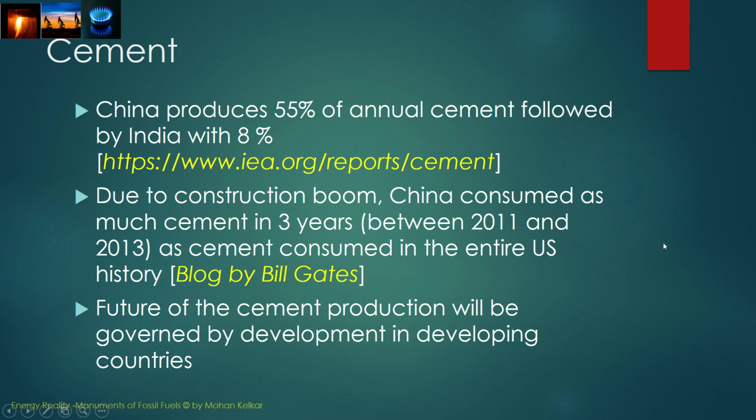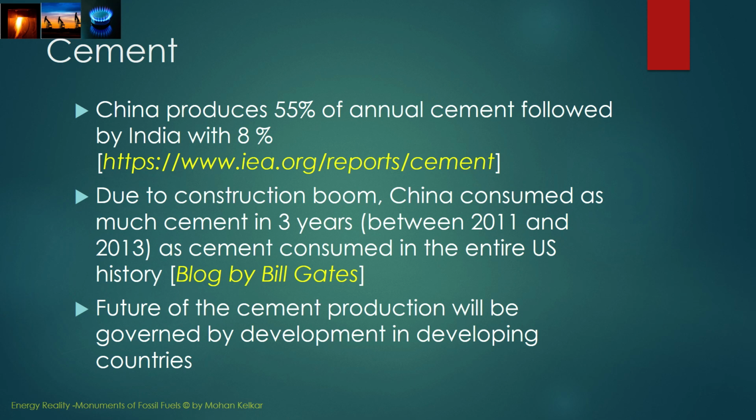What about cement? China produces about 55% of the annual cement, and India produces about 8%. Due to the construction boom in China, between 2011 and 2013, China consumed as much cement in 3 years as the entire US over its entire history.